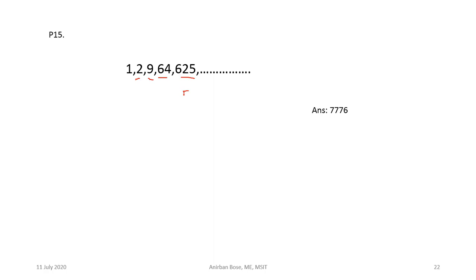This is 5 to the power 4 we can write, this is 4 to the power 3, this is 3 to the power 2, this is 2 to the power 1, and this is 1 to the power 0. So you now see the pattern. In this order, what will be the next number? That will be 6 to the power 5. 6 to the power 5 is 7776.